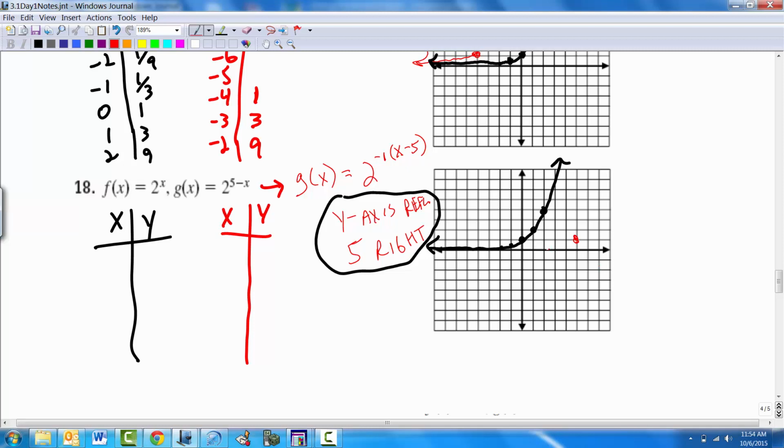Let's plug in 5 for x. If I plug in 5 for x, what's 5 minus 5? 0. What's 0 times negative 1? What's 2 to the 0? Reflect first, then shift. Reflect first, and then shift: 1, 2, 3, 4, 5.